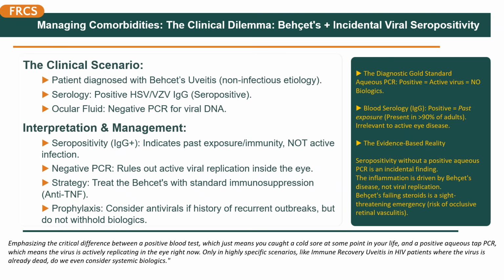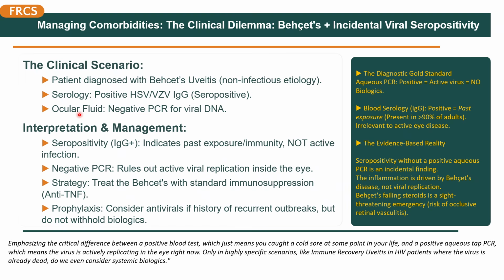Now, there are certain exceptions, for example, the presence of comorbidity. Let's assume this scenario: you have a patient with a known case of Behçet disease, and accidentally by serology you discover that he has seropositivity for herpes simplex virus or zoster virus by finding a high IgG level.